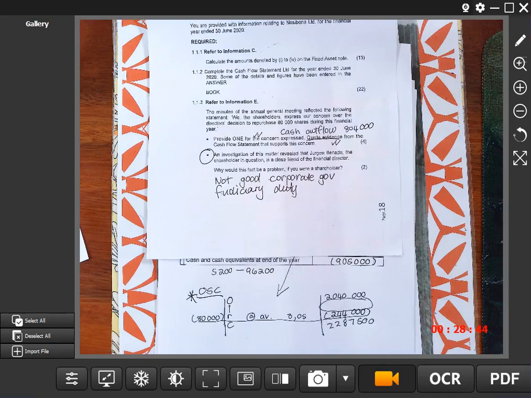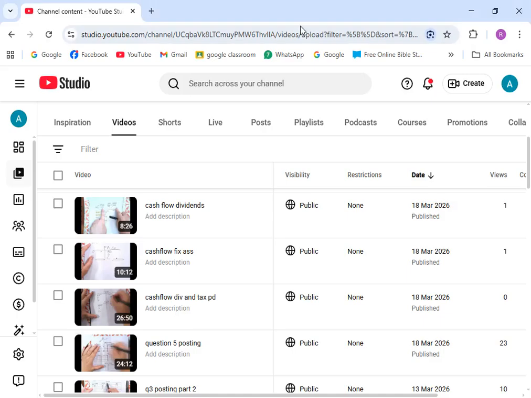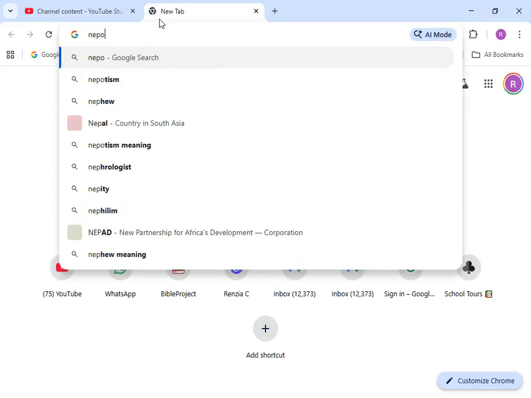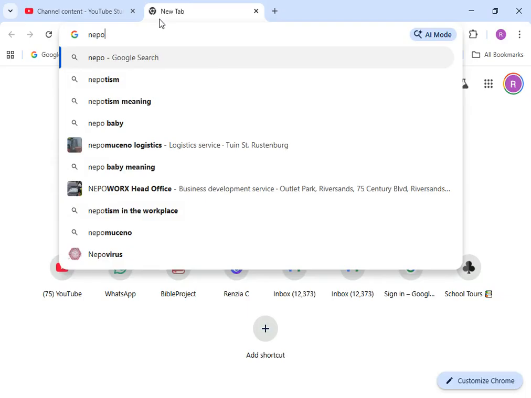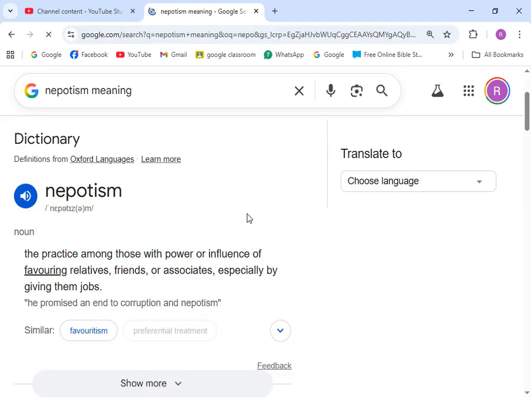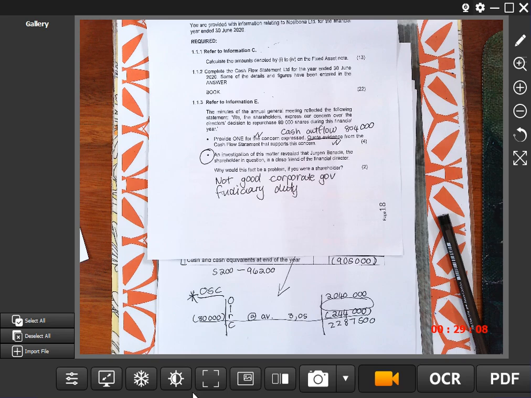I always think nepotism. Let's just make sure. Nepotism, using your connections to gain pay. Exactly. It's about connections. Nepotism is the practice amongst those with power or influence of favoring relatives, friends, or associates. So it's not just family.